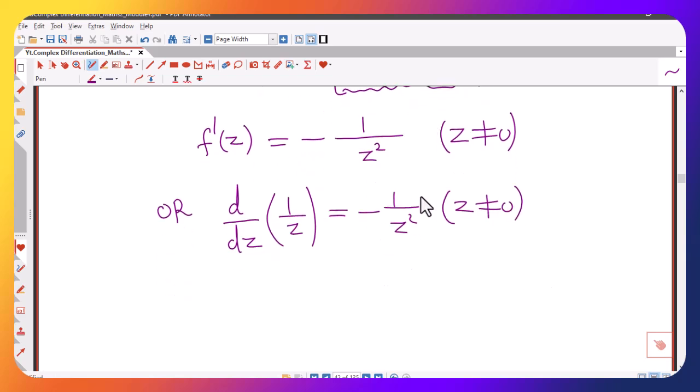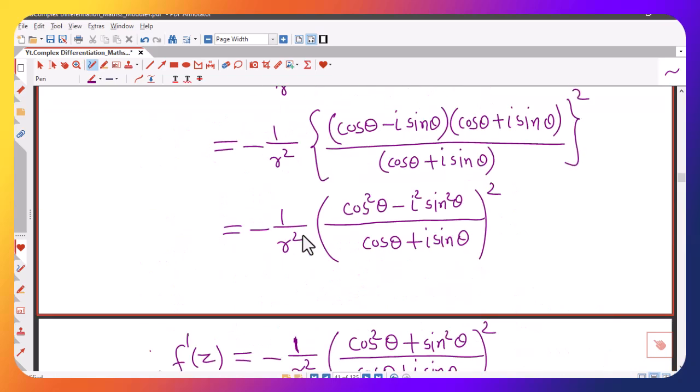And you can observe that this derivative is similar to the derivative for real function 1 by x. We know that derivative of 1 by x is minus 1 by x square, and here also if we have complex variable z, then also derivative of 1 by z is minus 1 by z square.